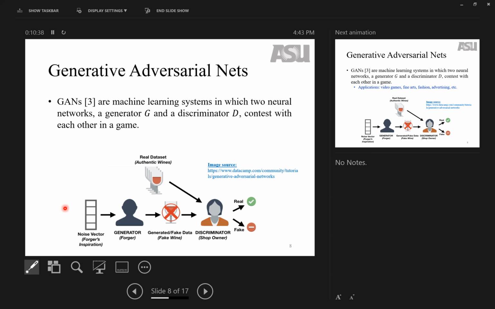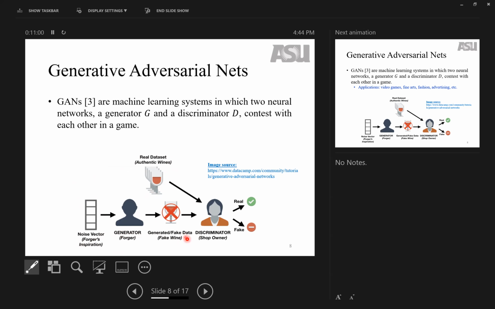When we have some real data, the generator learns the statistical properties of this real imaging data. Then it synthesizes images by adding those statistical properties to a random noise vector. That enables it to generate a fake image.